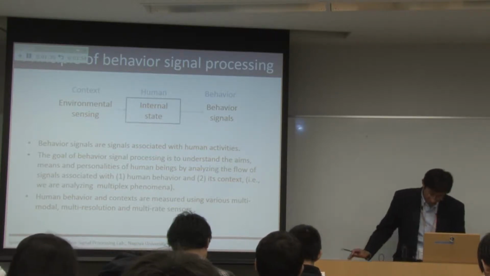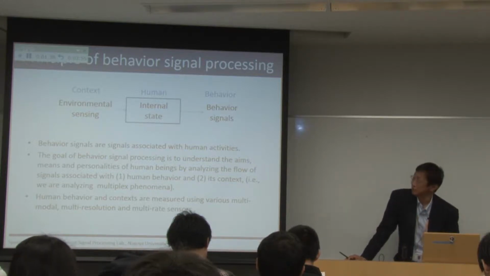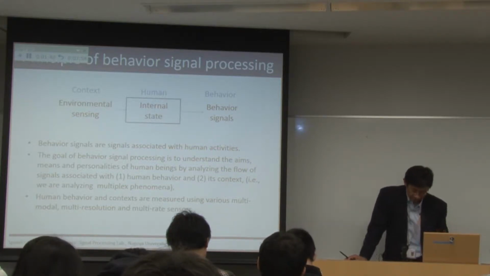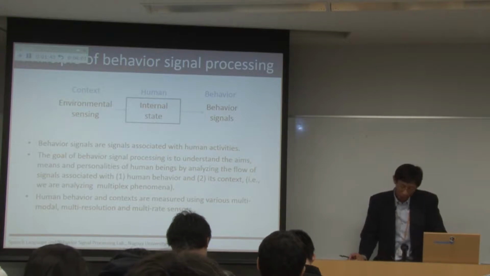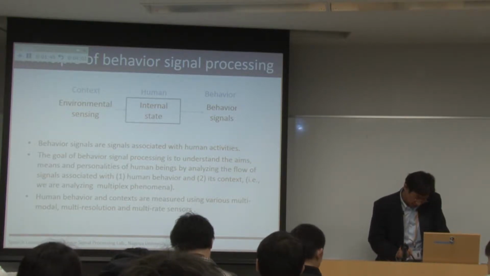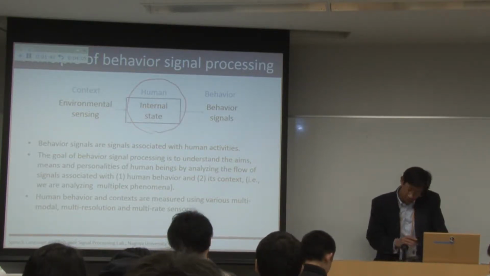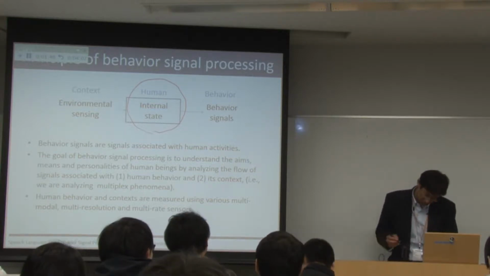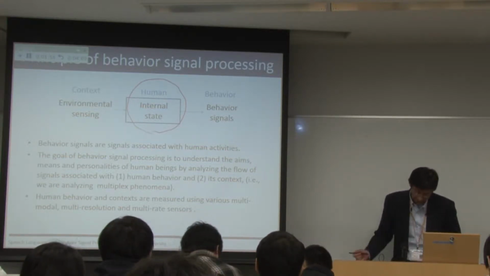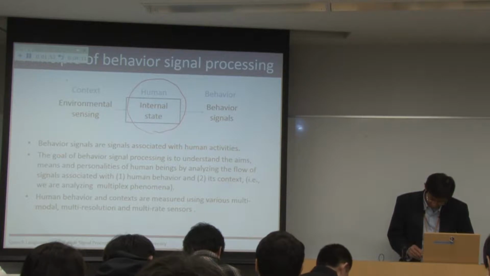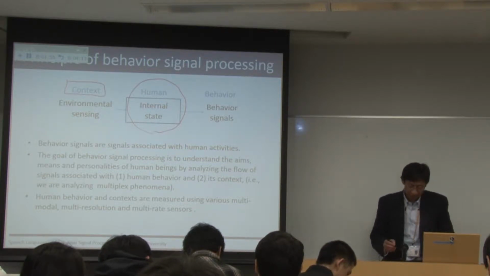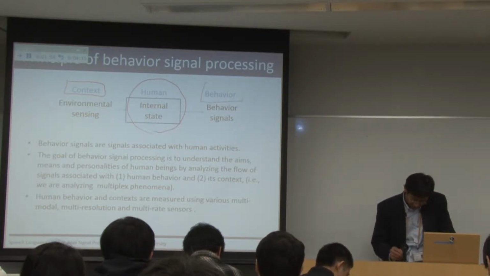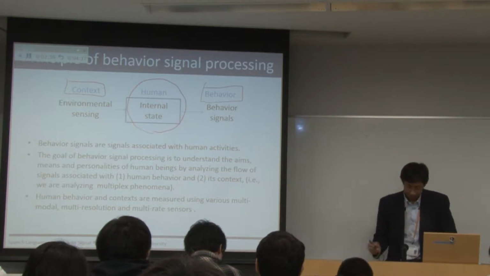For example, human behavior can be generalized and simplified by the idea that the human is a system, and the real world, which is related to the context of the behavior, as well as the behavior itself, are signals.